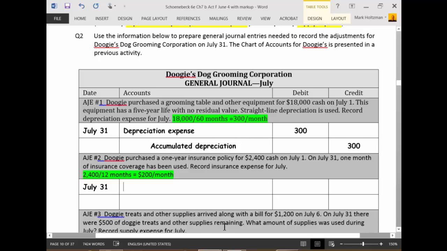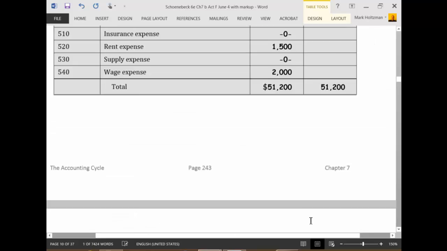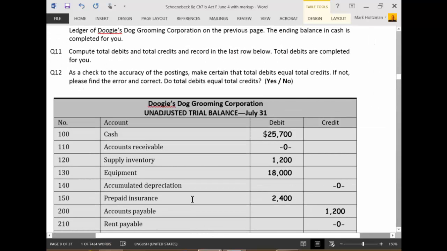Now your journal entry, the $2,400 right now is in an asset. It's in prepaid insurance. That's an asset. So what I need to do here is take $200 out of the prepaid insurance account and put it into another account.